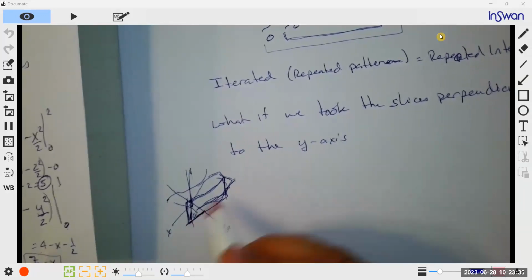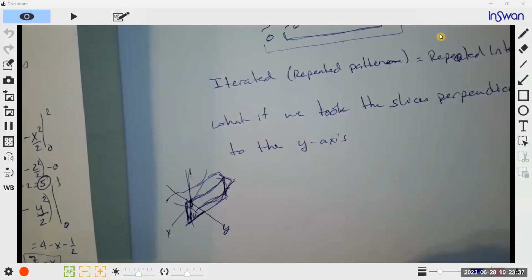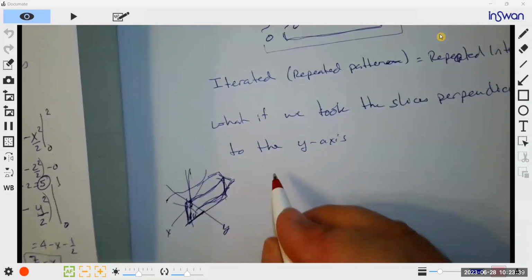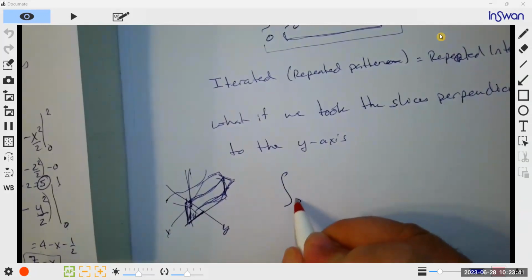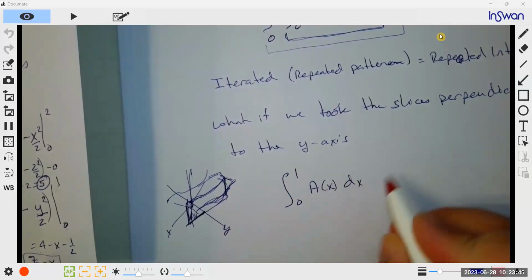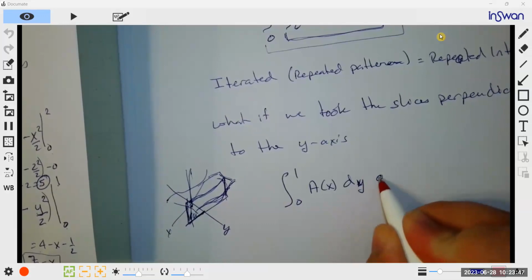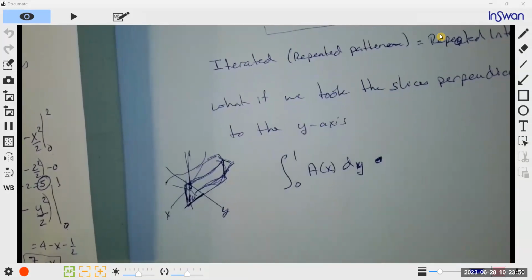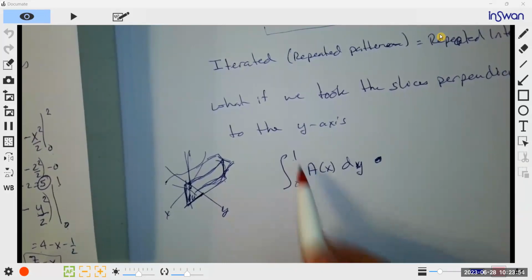We're just slicing it perpendicular to the y-axis now. That means we have to find the area with respect to the y-axis, and y ranges from 0 to 1.